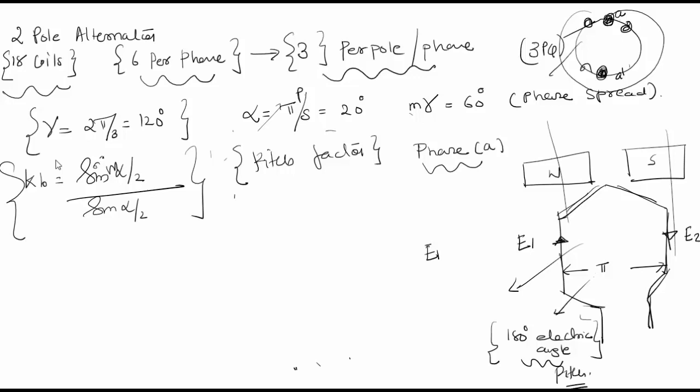So again, if it is possible to see that whatever voltage E1 was generated, so if I am saying that this is EC1 and this is EC2, so whatever E1 which was generated was equal to EC1 plus EC2.